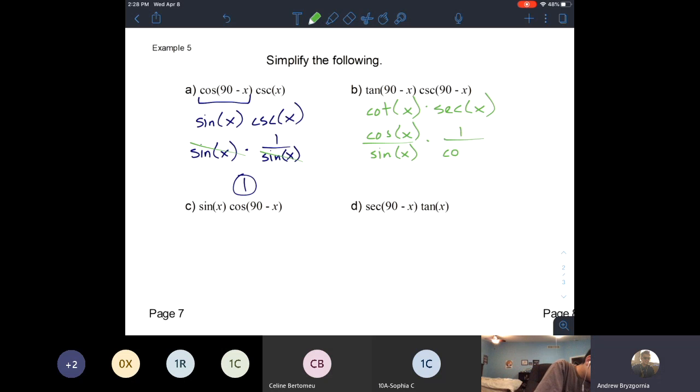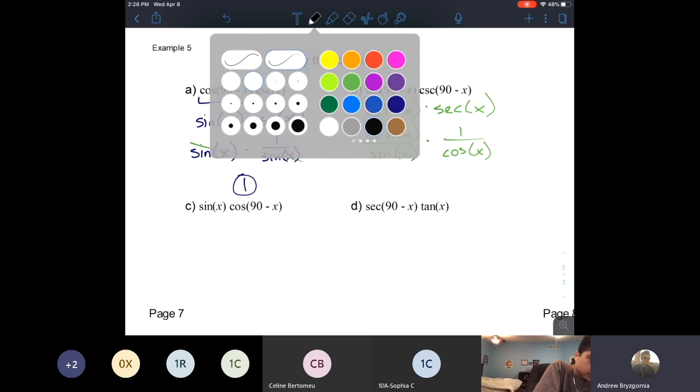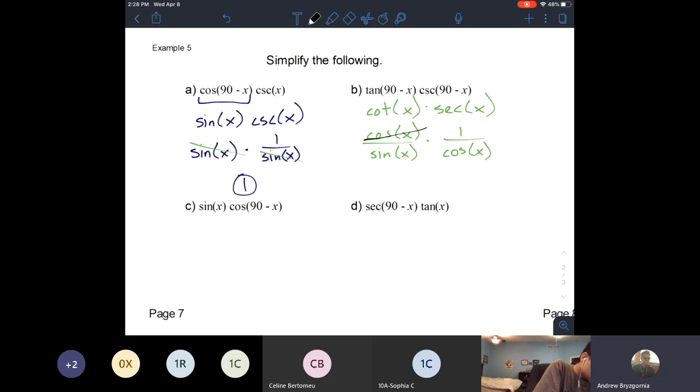Good. And now I see that we can cancel cosine from the top and bottom. You get sine. Yep. And then make sure sine is on the bottom. So we have 1 over sine. And what is equal to 1 over sine?